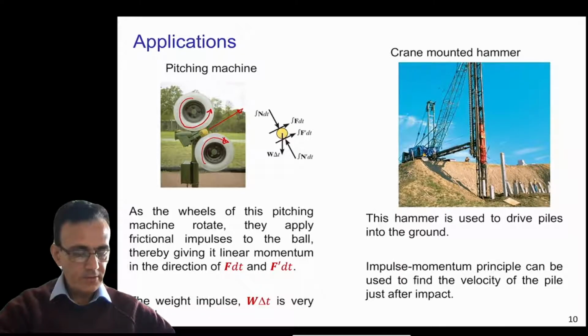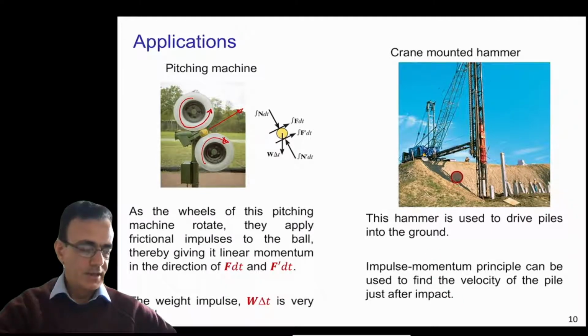Okay, and another example here is this crane mounted hammer. As you can see, it's mainly used in the construction industry, in civil engineering. This hammer is used to drive piles into the ground, as you can see in this case here. The impulse momentum principle can be used to find the velocity of the piles just after the impact.